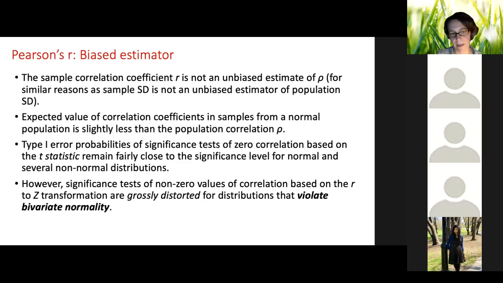The type 1 error rate might be much higher. That is an issue, and that's why testing the normality assumption is very important. If you're not sure, at least you should use the t-statistic and not the R to Z transformation, or you should use bootstrapping or permutation testing.